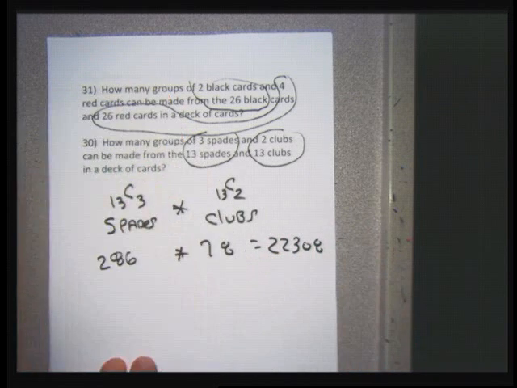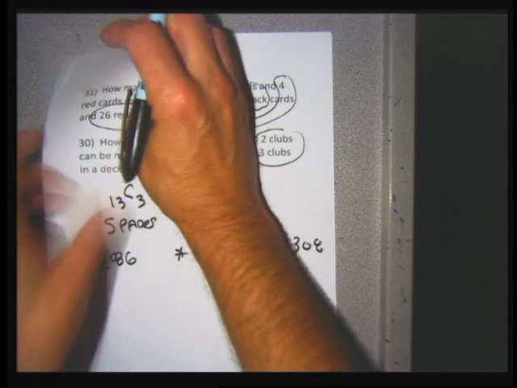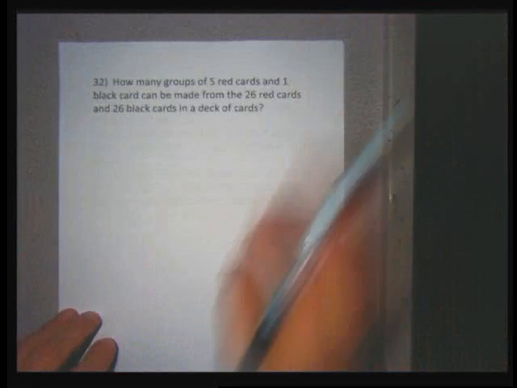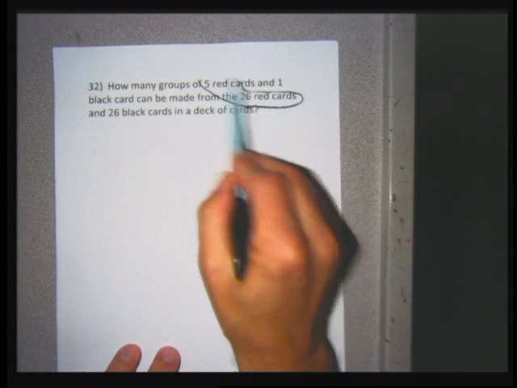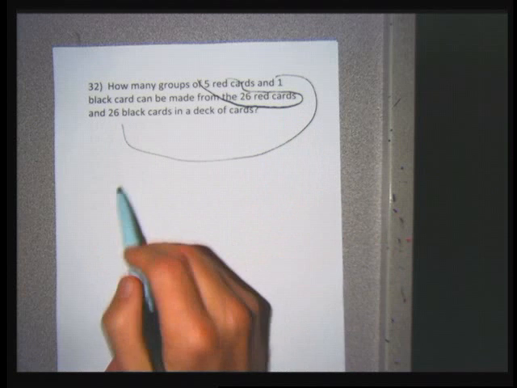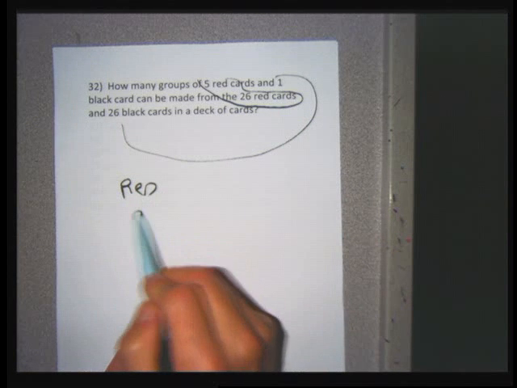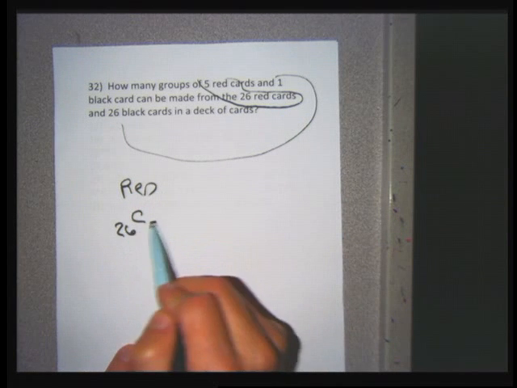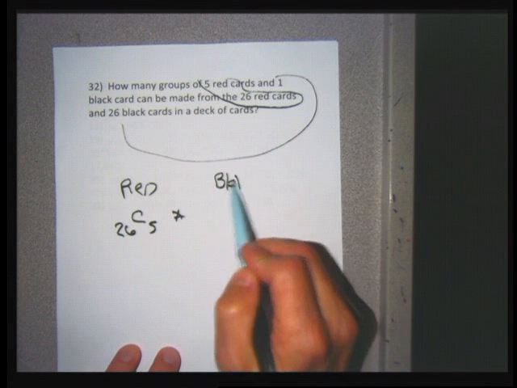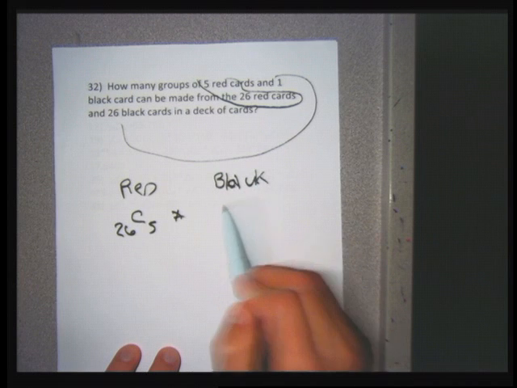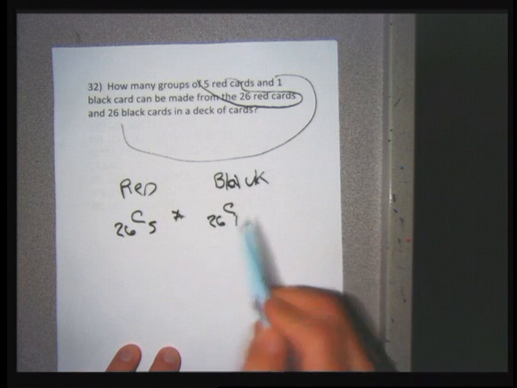Got to be getting close to the end if we're not already there. One more for me and no more for you. So I want to get 5 of 26 red cards and 1 of 26 black. So for my red, it's going to be 26 choose 5. For my black, it's going to be 26 choose 1.